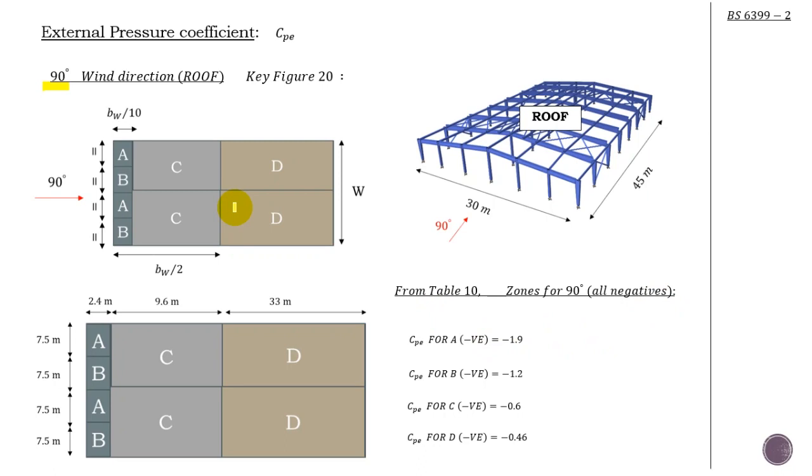First, you divide the areas based on BW over 10. Then get back to table 10 and work out the CPE for each corresponding area, for A, B, C, and D. Here, remember, you have to do it only once, not twice, because all the values are negative.